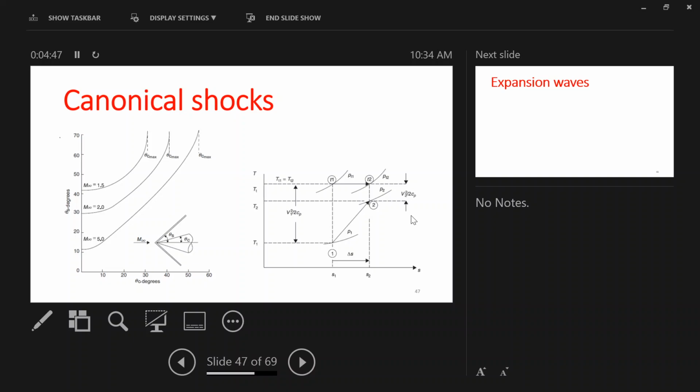So what it means is that your cone angle for each Mach number can only be so big. For example, if you're dealing with Mach 5, it is around 55, right? And for that, if your cone angle is going to be higher than that, your shock angle is going to actually go to infinity.